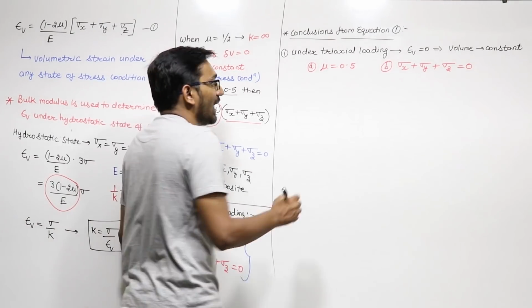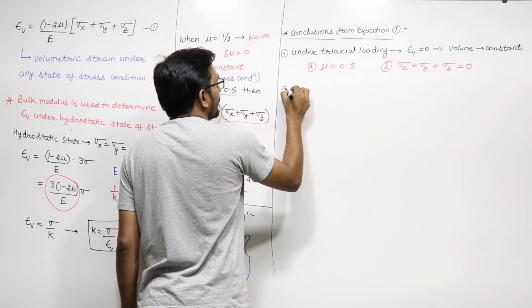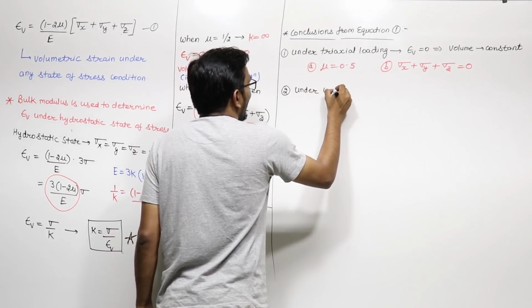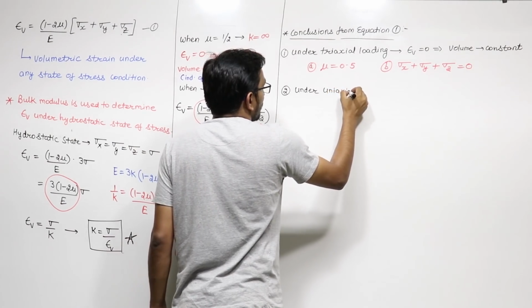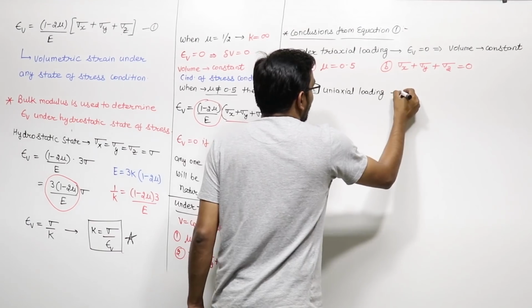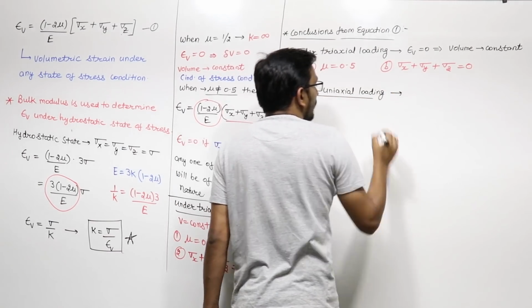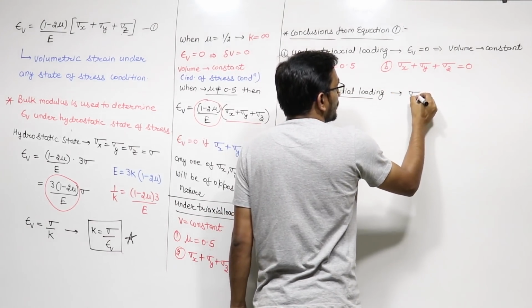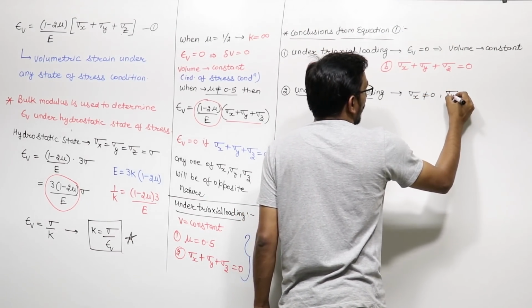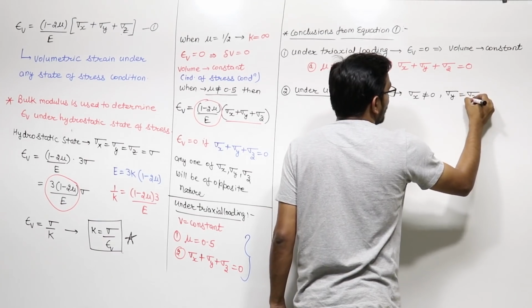Second conclusion is under uniaxial state of stress, uniaxial loading. What do we mean by uniaxial loading? Uniaxial loading means stress in one direction is not 0, and stress in the other two directions will be 0.